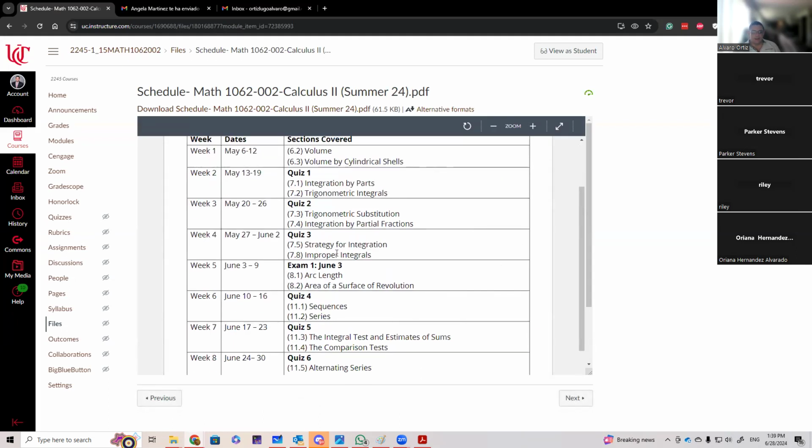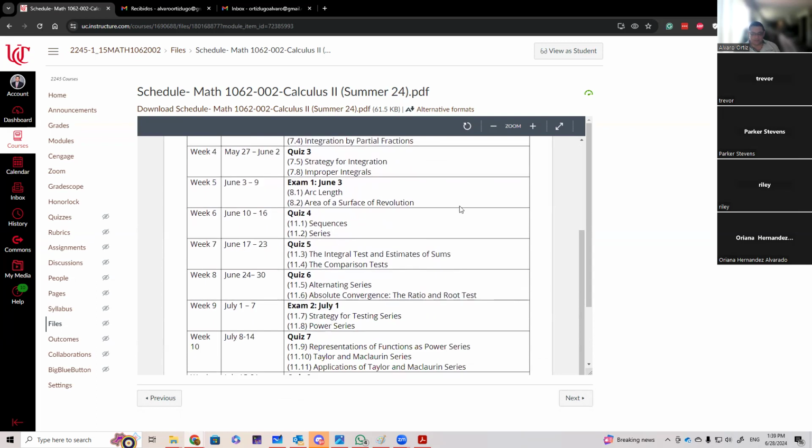We have arc length, area, surface of revolutions, the definition of a sequence and a series, integral tests, comparison tests. And so we're missing a couple of elements. We're missing an example of alternating series, absolute convergence, and the ratio and the root test.